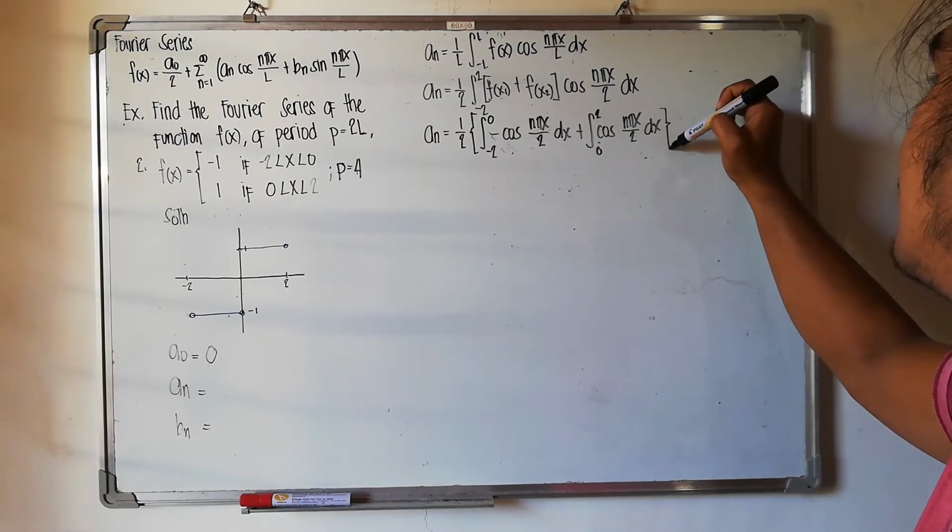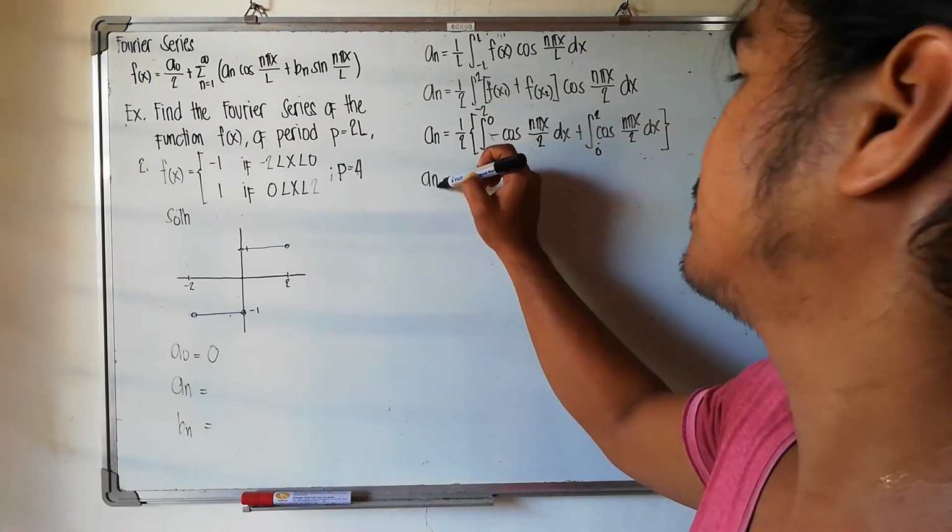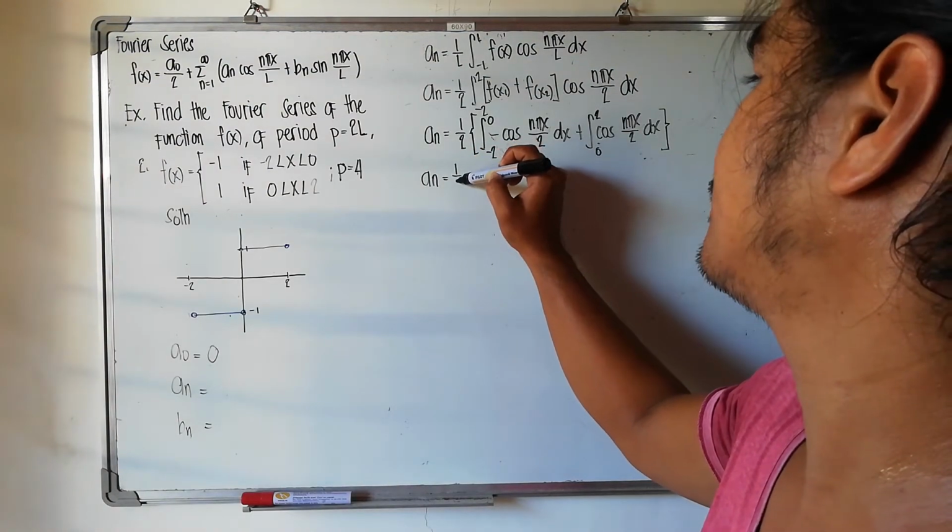So let us continue. We have a sub n is equal to 1/2.